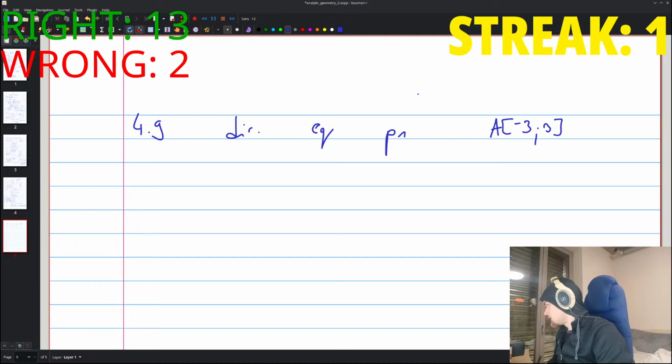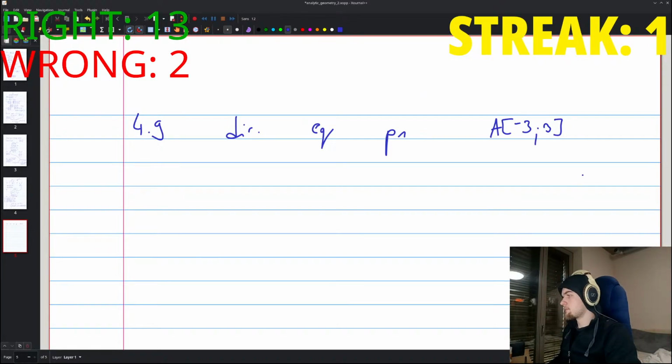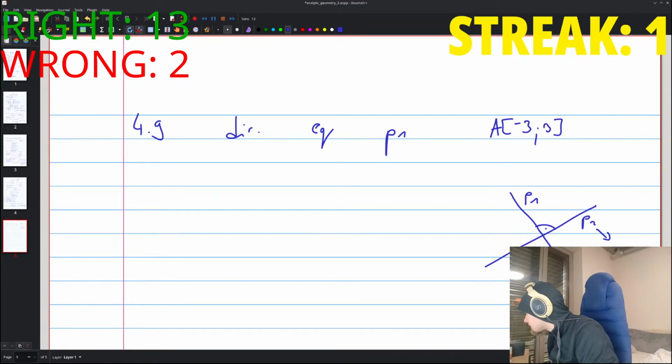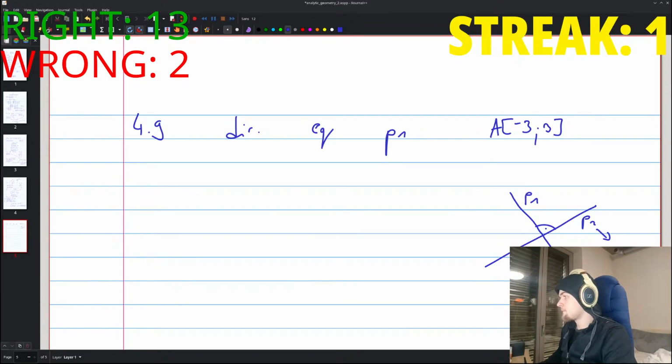And this is P1, this is P2, and P2 is actually 1, 1.